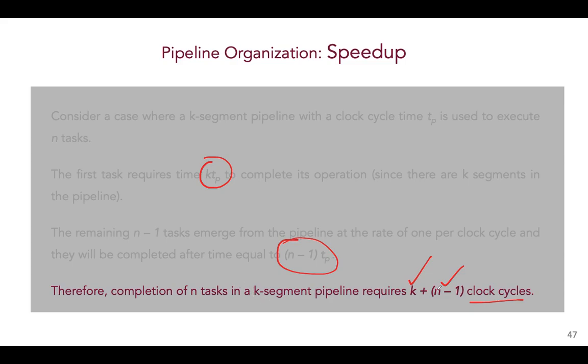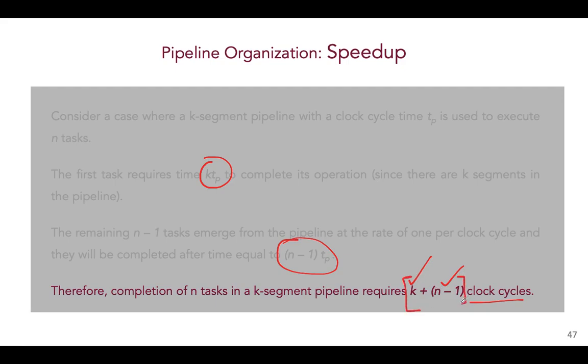Now if you remember the previous video, in problem 2 we drew a space-time diagram to count the number of clock cycles it would take to execute 8 tasks in a 6 segment pipeline, and it came out to be 13. At that point I told you that there are 2 ways of finding the time it takes to complete a certain number of tasks in a certain sized pipeline. One is to draw a space-time diagram and the other is the formula, and this is that formula.